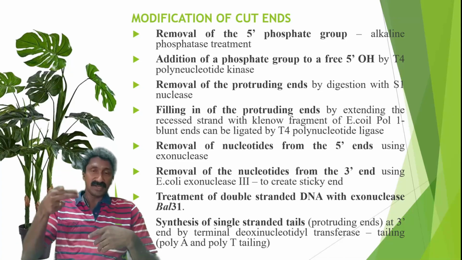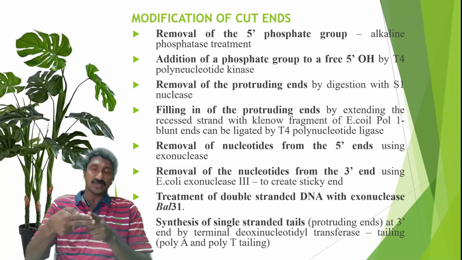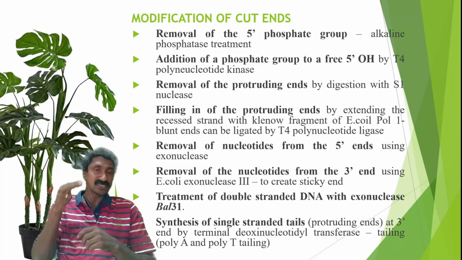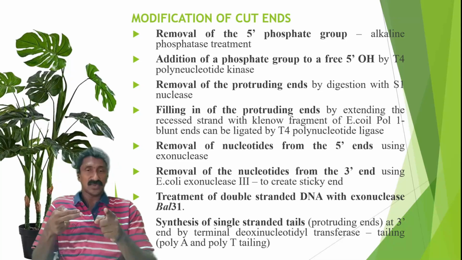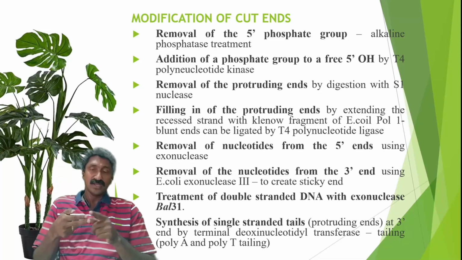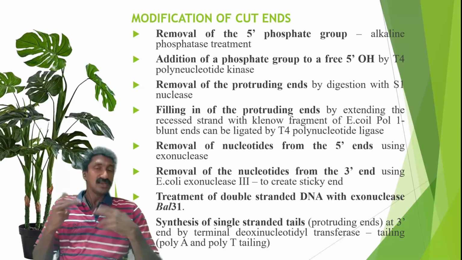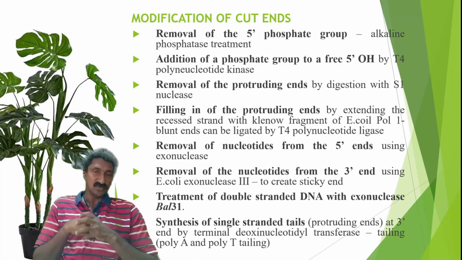So you have a blunt DNA strand in your hand and you want to remove some portions and make it a sticky end one. In that case, either 5' exonuclease or 3' exonuclease can be used for trimming one of the strands so that this blunt strand can be created as a sticky end one.